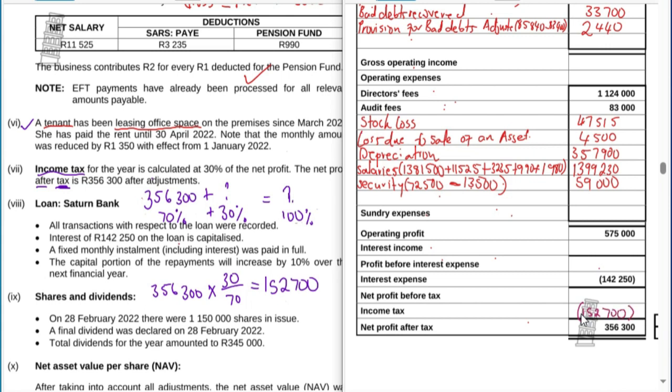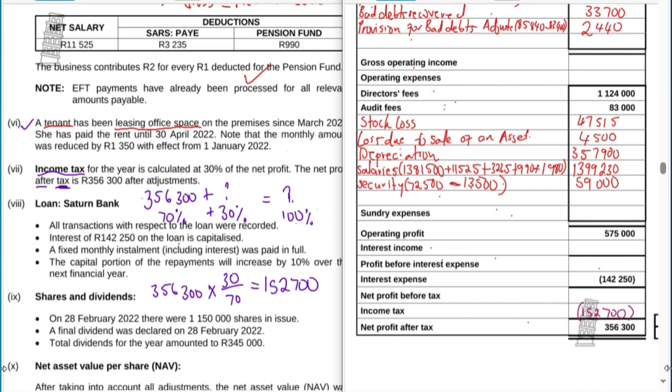And then our net profit after tax has been recorded for us, and then we are good. If you still want to double check your net profit, it has been provided to us. And then guys, let's continue.